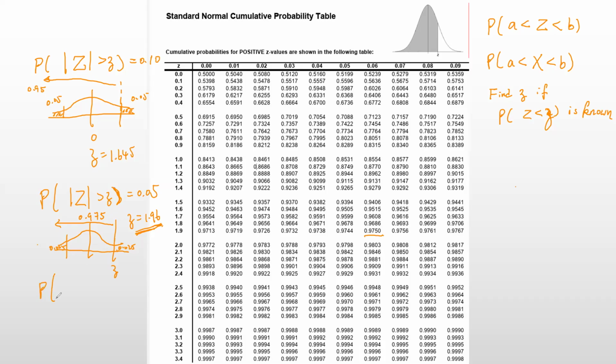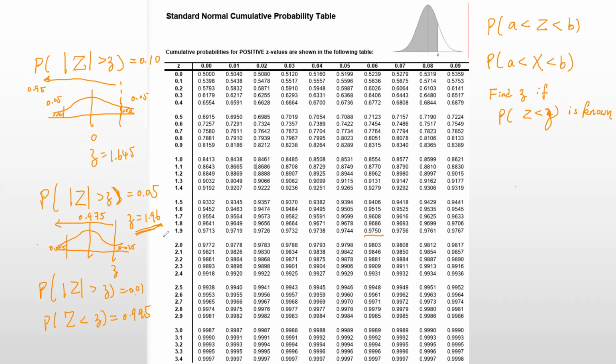And the last one, commonly used, is 0.01. So I have the probability of capital Z less than little z equals 0.995. The tail probabilities for both sides are 0.01, so one tail would be 0.005, and one minus that is 0.995.